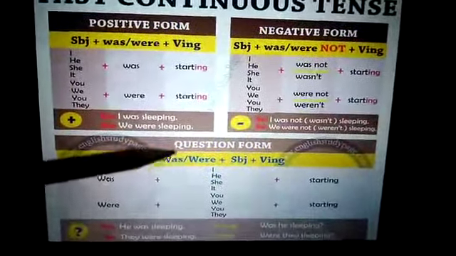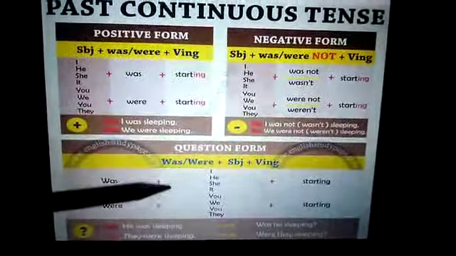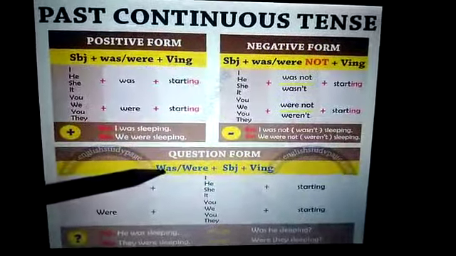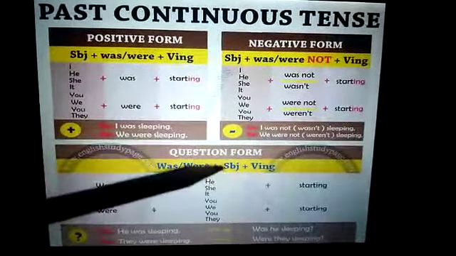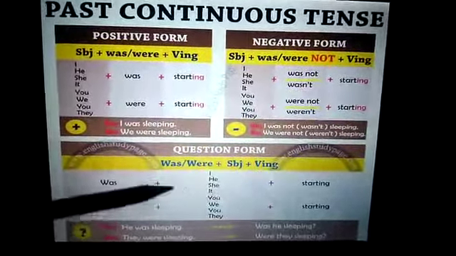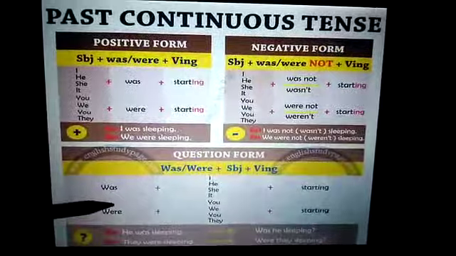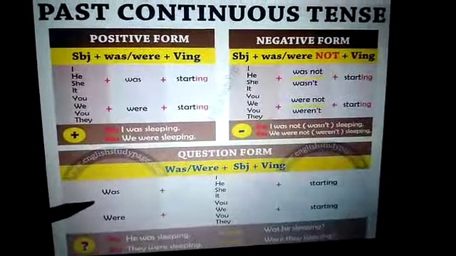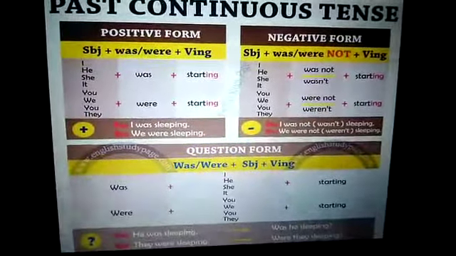Then if we are doing it in interrogative form, then how do we write? We use the past form was, were plus subject plus verb with ing. For example, was she starting to cook, or were they sleeping?